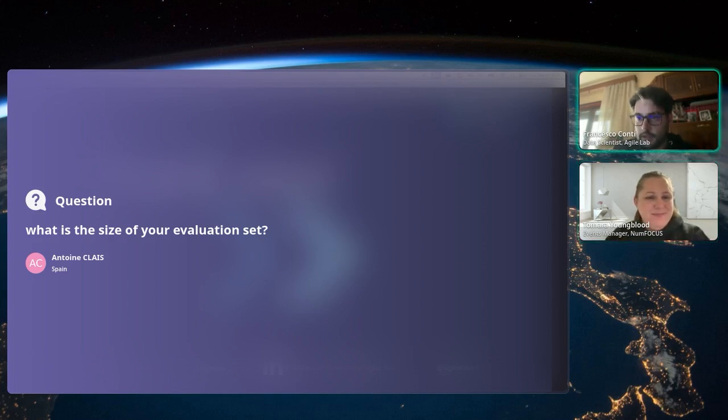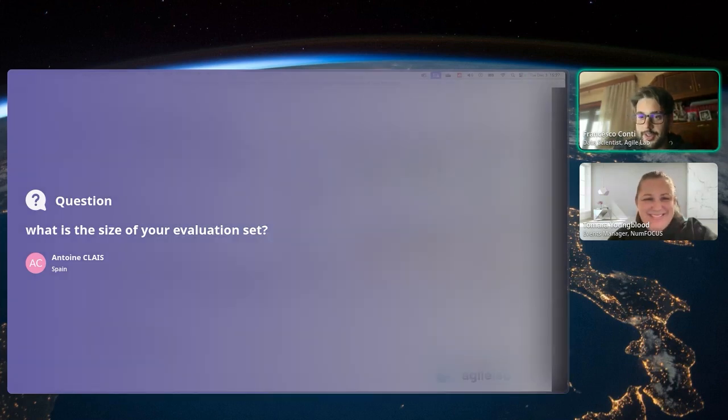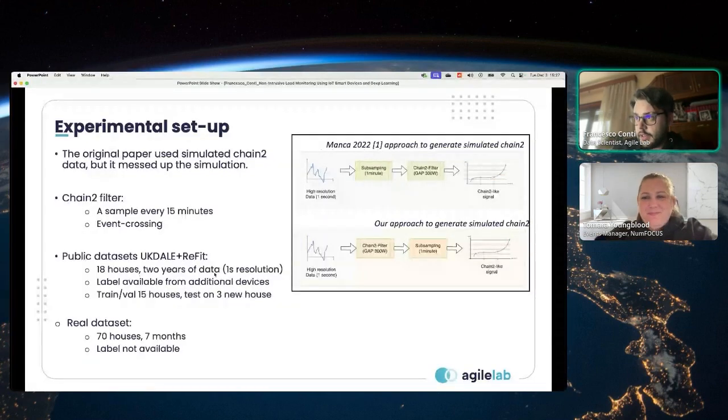What is the size of your evaluation set? Sorry, I was really fast in this part. Basically, we have 18 houses in the public dataset with 2 years of data, and we used 15 houses for training and validation with a temporal split, I think 80-20.